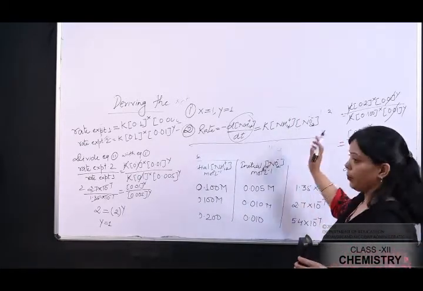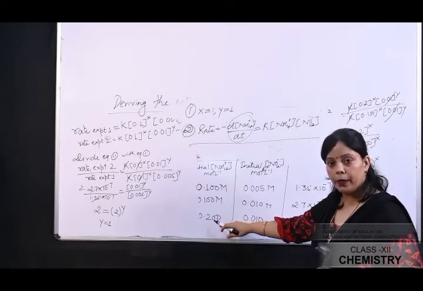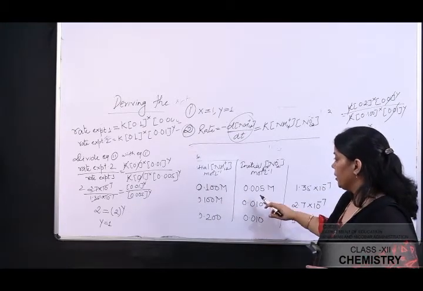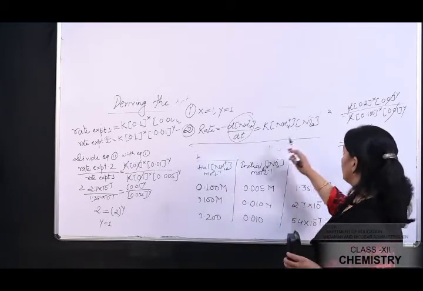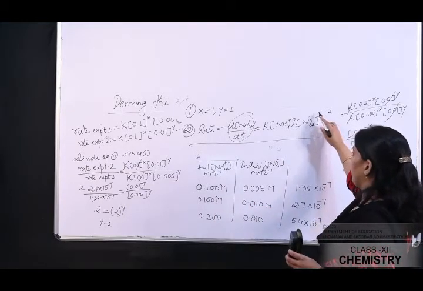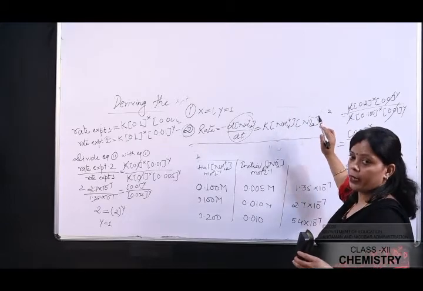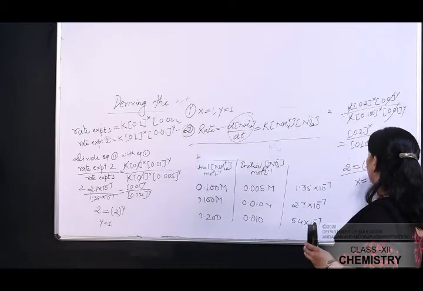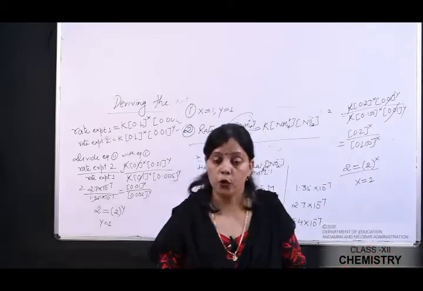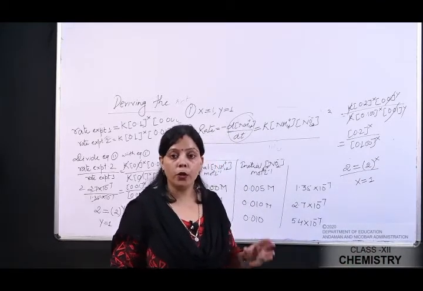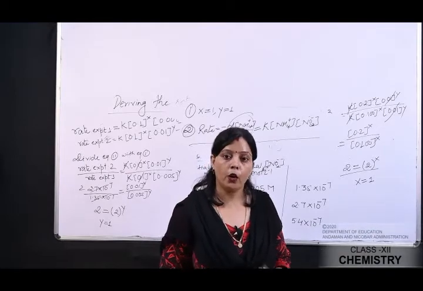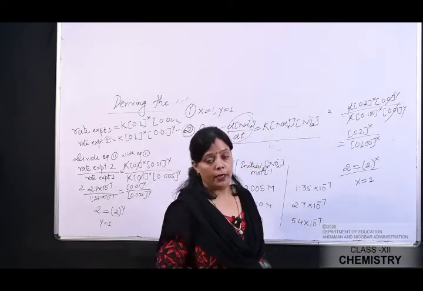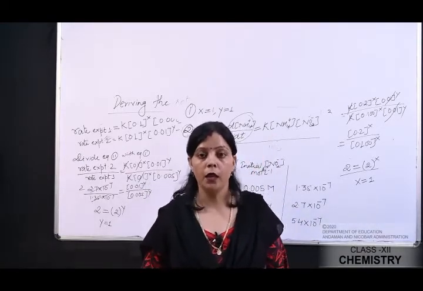Experiments 2 and 3 are compared. In this case the concentration of nitrite remains the same whereas the concentration of ammonium changes. So in the next step the rate for experiment 3 is divided by the rate for experiment 2. After solving this we get the value of x. So we come to the conclusion that both the exponents x and y are equal to 1, and accordingly we can write the rate expression for the given chemical reaction.